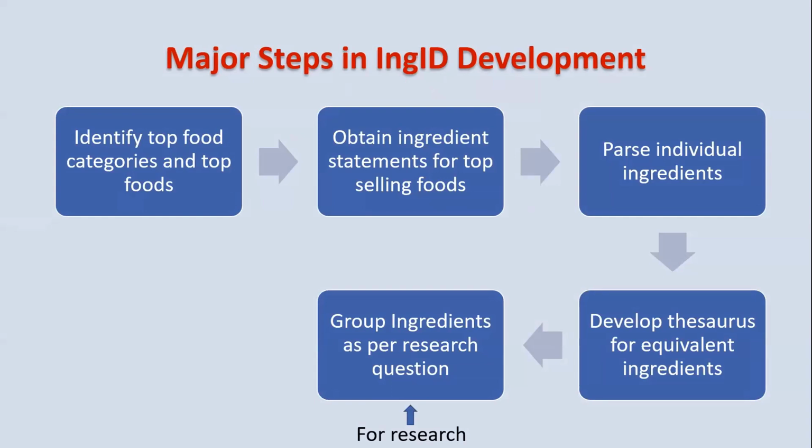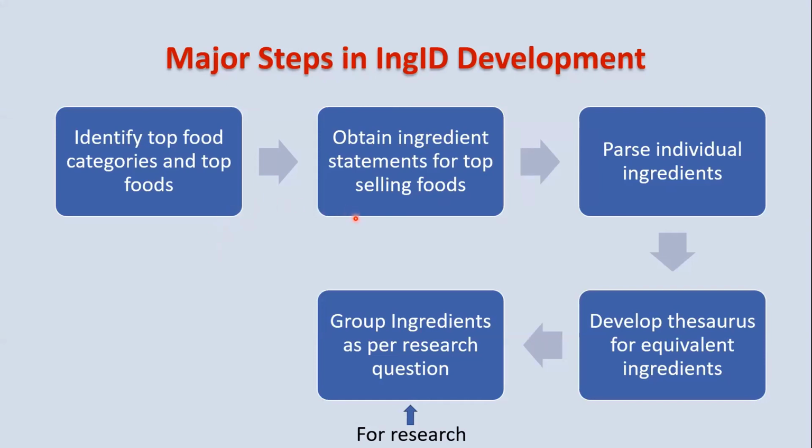This schematic provides an overview of the steps in the development of IngID. First, we identified top food categories, those that contributed over 1% of total sales. We used the IRI point of sales data for this purpose, and then we identified top foods among these categories.